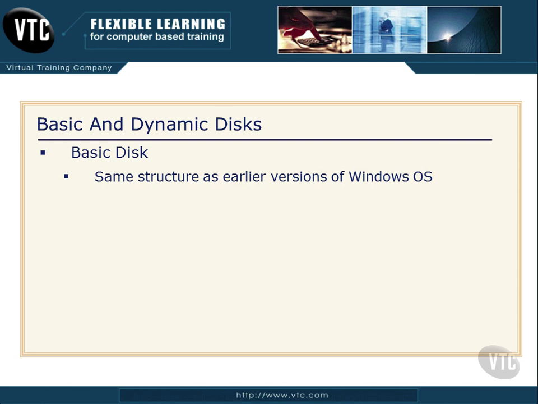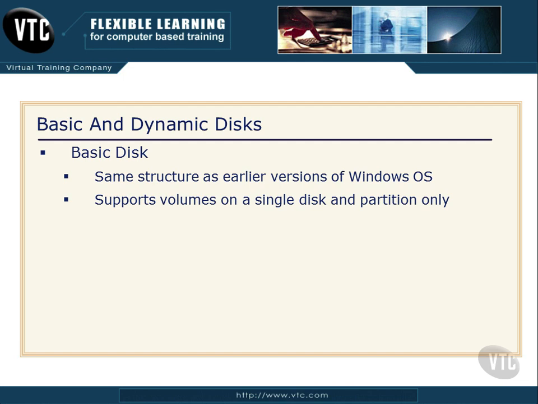Now the basic disk, when I set up a disk and use the basic disk type, is the same structure as earlier versions of the Windows OS. This has been around for a long time. This supports volumes on, watch the word here, single disk and single partition only.